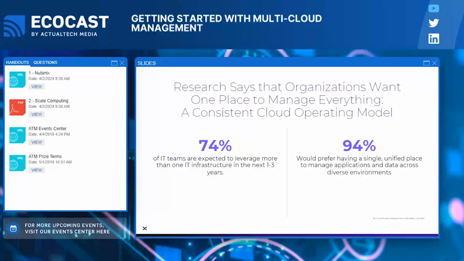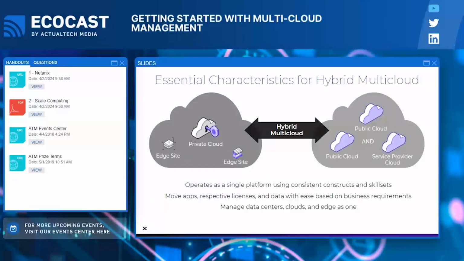So all of that they have to manage and have visibility into the deployments and how well it's being managed. 94% of them said, I want one single unified place to manage my applications and data across all of these environments. Well, that's nirvana. And we from Nutanix believe we have a way for you to get there, which we're going to talk about during this presentation.